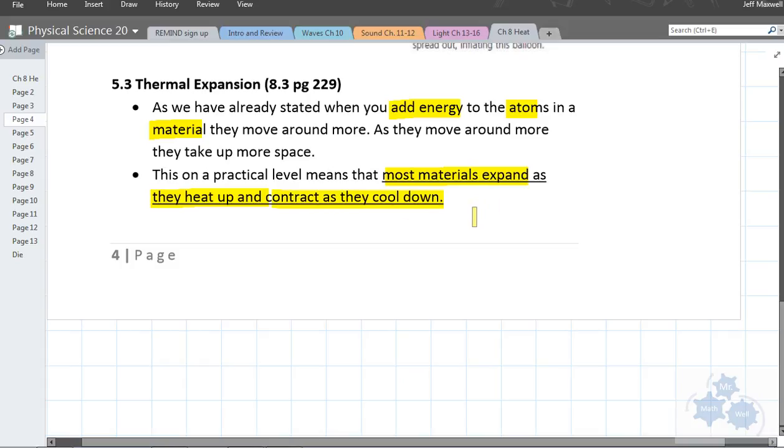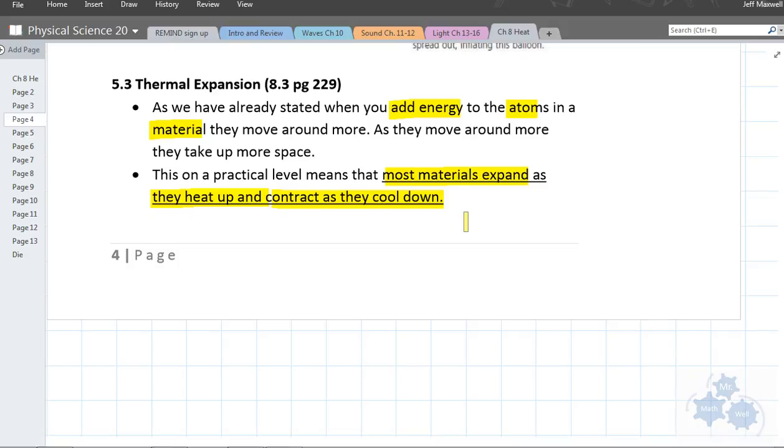So if we take a look at metal piping or railway ties, the metal pieces, how many of you have ever noticed on a bridge, at the beginning and the end of the bridge, there's usually a metal section with interlocking teeth? I don't know if you ever noticed that.